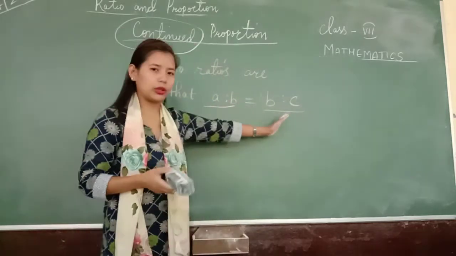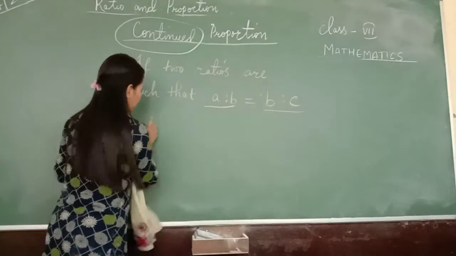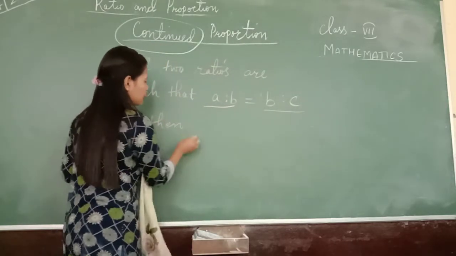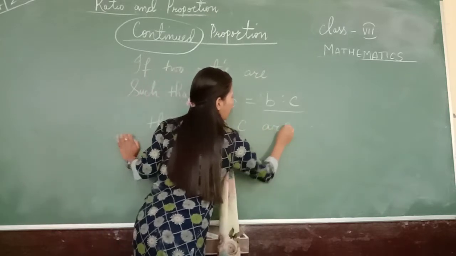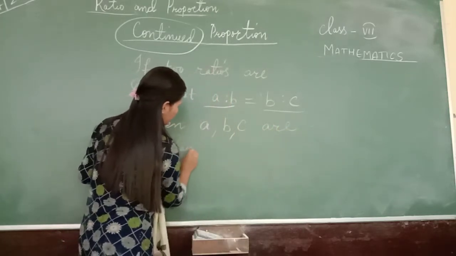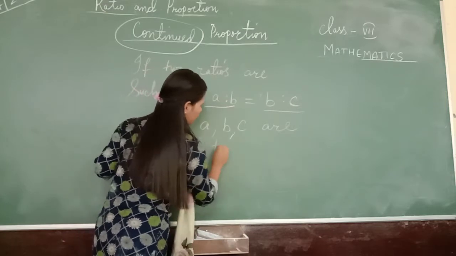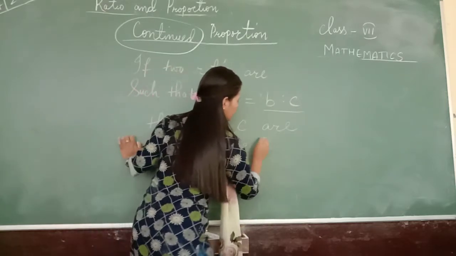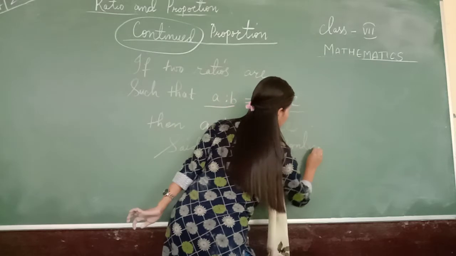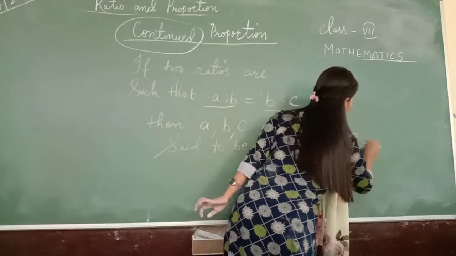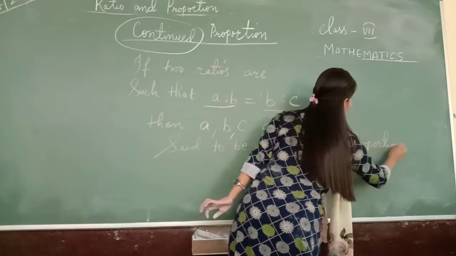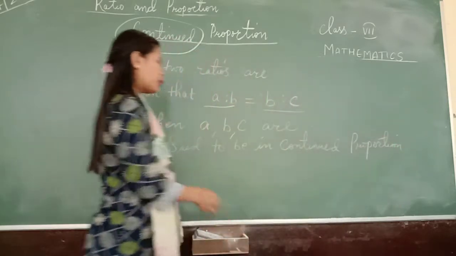If they are equal, then the terms A, B, C are said to be in continued proportion. So these three terms are said to be in continued proportion.